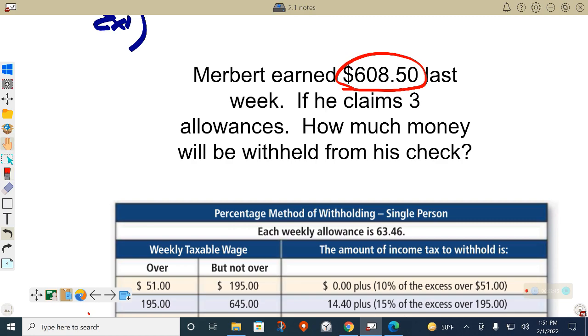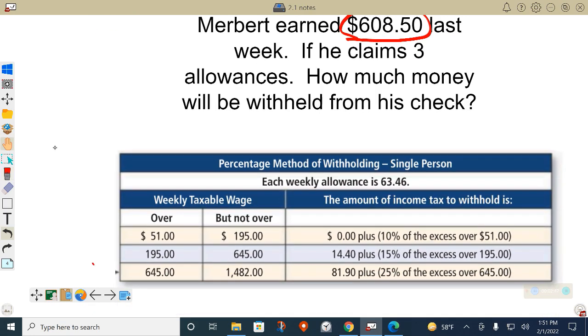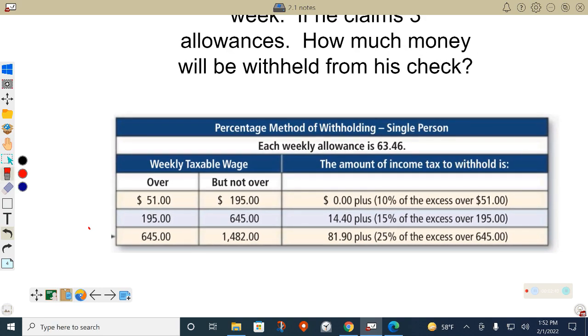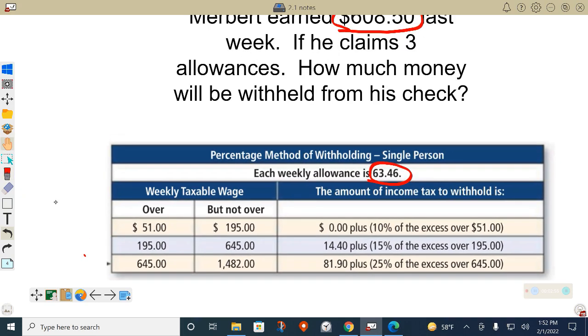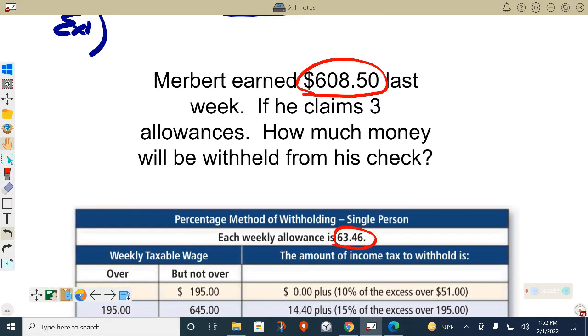So what is that taxable wage? Well, the taxable wage is after we subtract $63.46 for every allowance he claims. He's claiming 3 allowances, and for every allowance the federal government allows him to subtract $63.46 before they start taxing him.